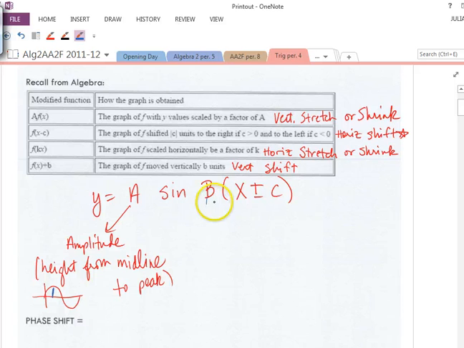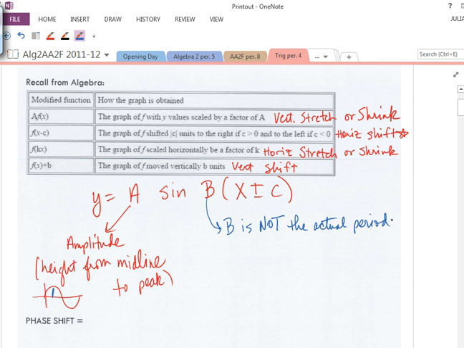We also talked about B yesterday, which was a horizontal stretch or shrink because it either lengthened or shortened your period. But that's horizontal. B is not the actual period. It just changes it.